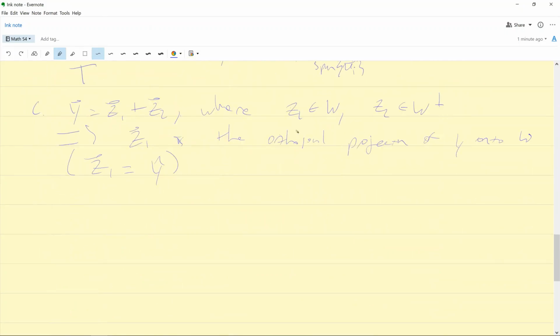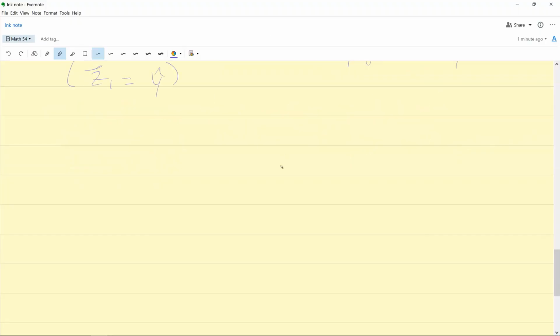So over here, if this Z1 is in W and this Z2 is in W perp, then we know this has to be a projection. If it was some other vector in W, then we wouldn't be able to find some Z2 because of the uniqueness of this decomposition. Okay, so then that one is true.